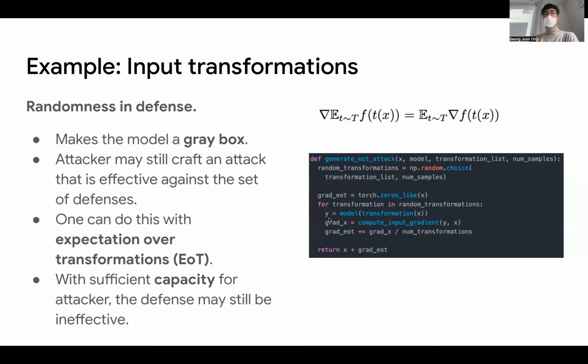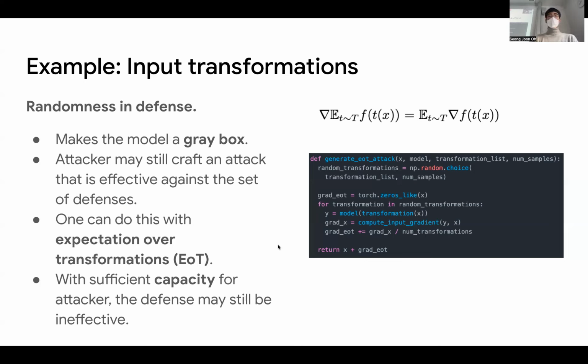And then get y here, and then you generate the gradient grad x. And you're summing this grad x over multiple transformations to result in this grad EOT. And you add this grad EOT to this x to generate an attack. Well, here I didn't do any kind of gradient sign method or PGD, but you can imagine how you can do those variants with EOT attacks, right?